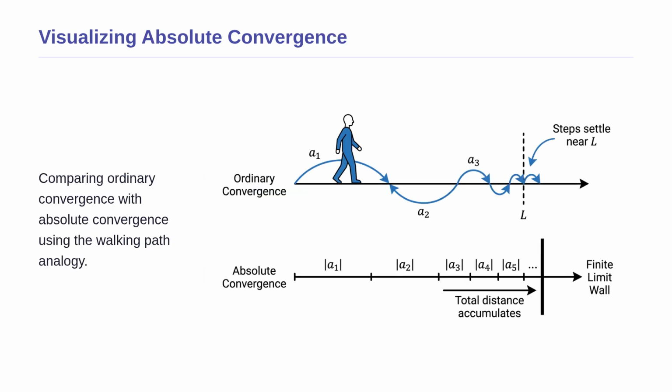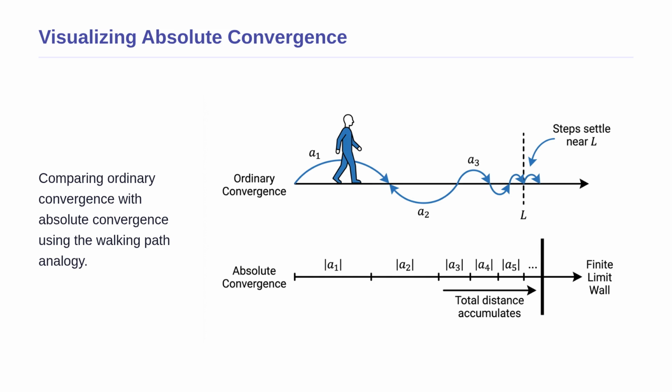Building on that analogy, let us look at this diagram. On the top axis, you see ordinary convergence. The person takes steps forward and backward, oscillating but eventually settling near a limit labeled L. Now, look at the bottom axis, representing absolute convergence.